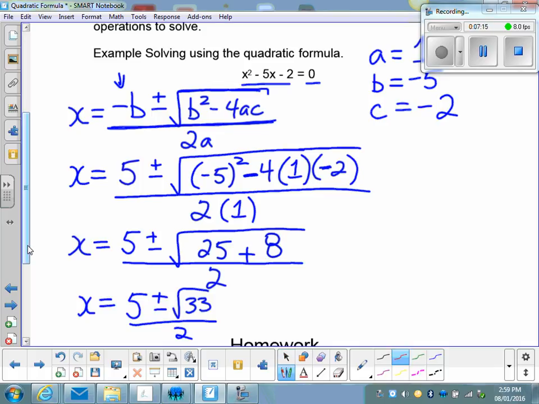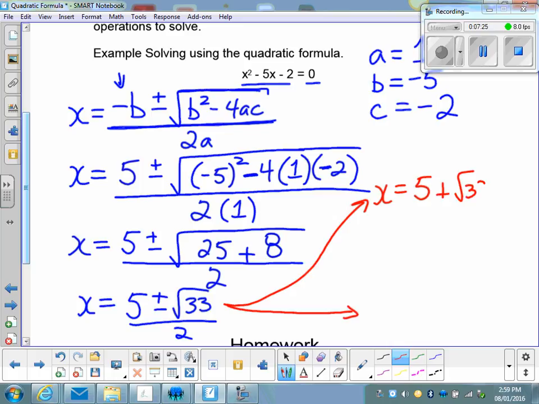And then like we did before, there are 2 possible answers that come from this. So one possible answer is 5 plus the square root of 33 over 2. So we'll start with that one.